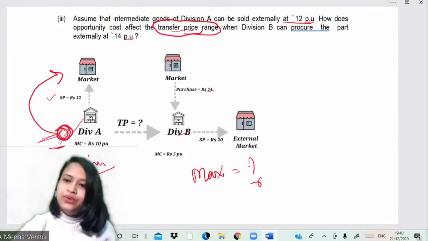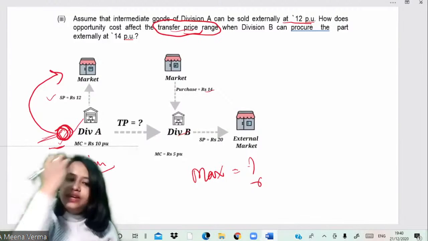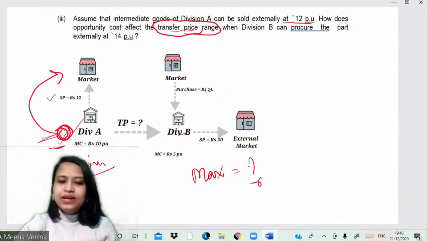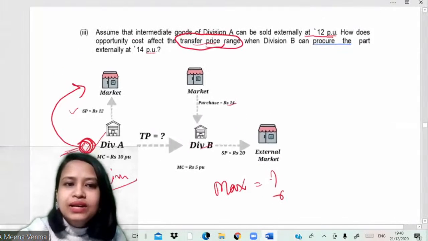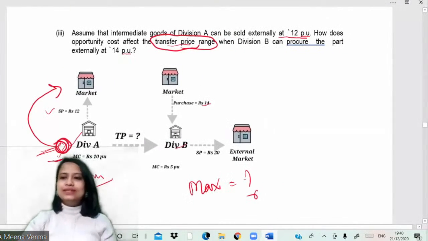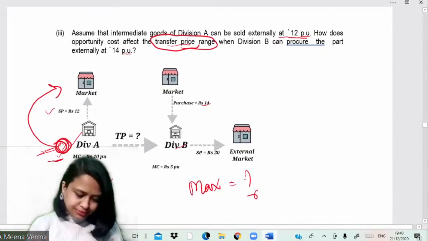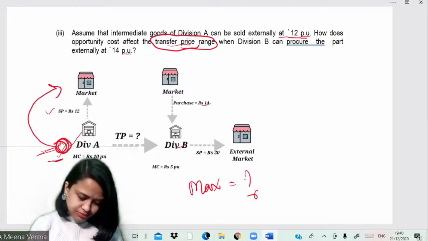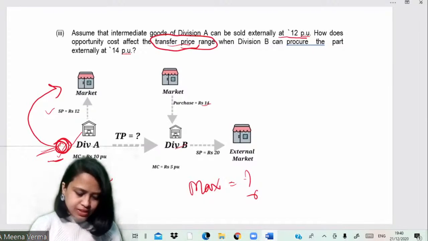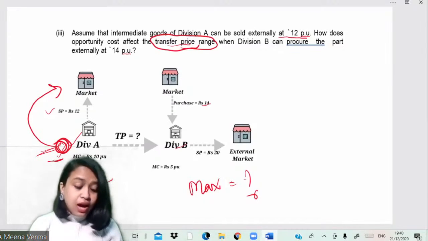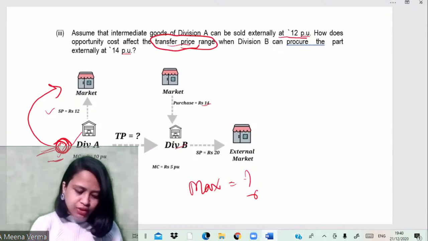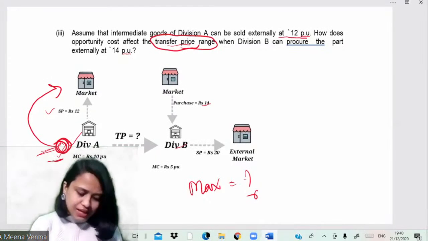Very nice. I expect other students also to give me the answer. Preeti, other students, please apply your brain and at least give me the maximum transfer price. I hope it is clear how to decide the maximum transfer price. Give me the answer.